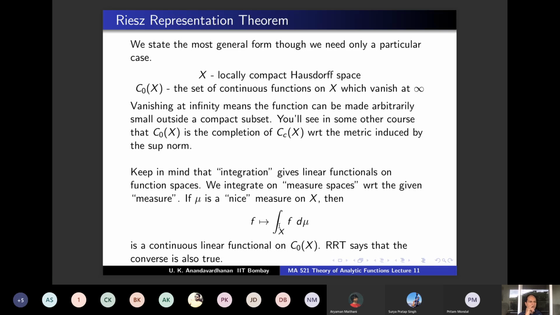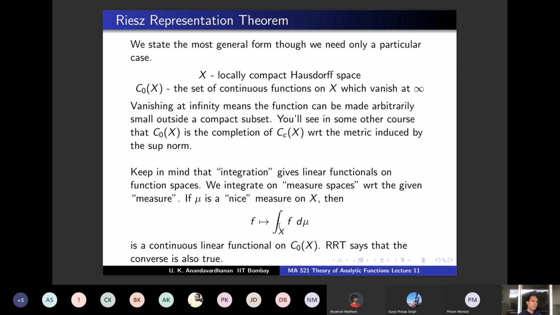So there's an isometry between C0(X)*, the space of continuous linear functionals on C0(X), and the other normed space, the nice measures, regular complex Borel measures on the space X. So there's a norm-preserving isomorphism between these two. One way will give you this map. Given a mu, you can integrate with respect to that mu.